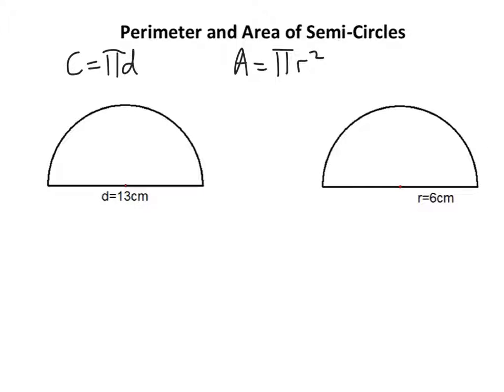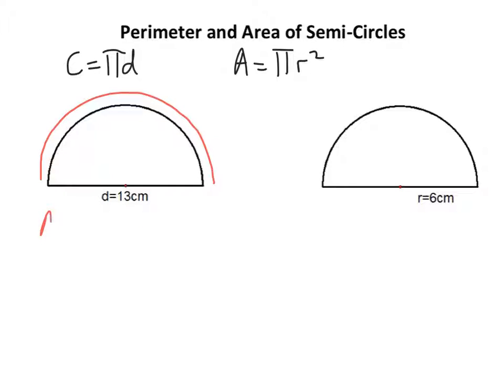Okay, now if I was to use this for a semicircle, so this here, if I was to find that half a circle, which is known as the arc length, I would just use the C equals pi d formula and then halve it at the end. If I was to find the perimeter, however, I've got to add on the straight bit, which is 13.